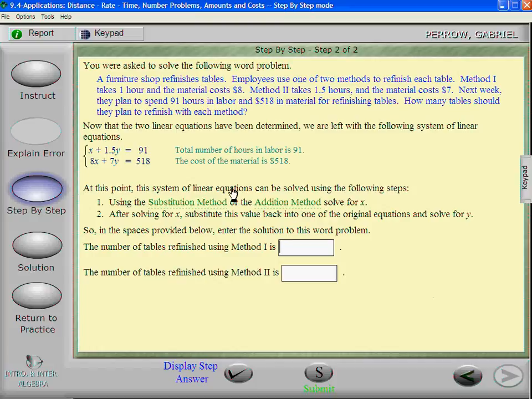Now they say at this point the system of linear equations needs to be solved. You can use substitution or the addition method to solve. After you do this, write the solutions below. So they're not going to really help you from here in terms of telling you what to do. I would recommend talking through this. It depends on the method.